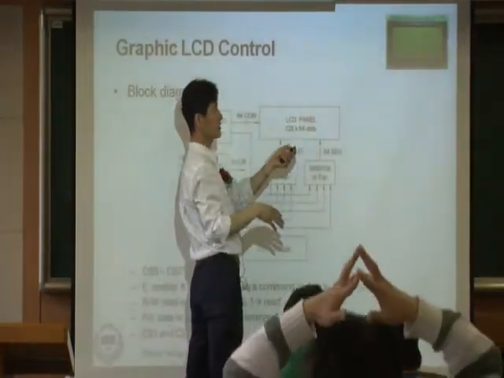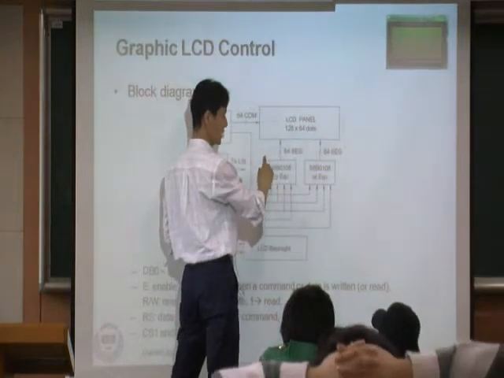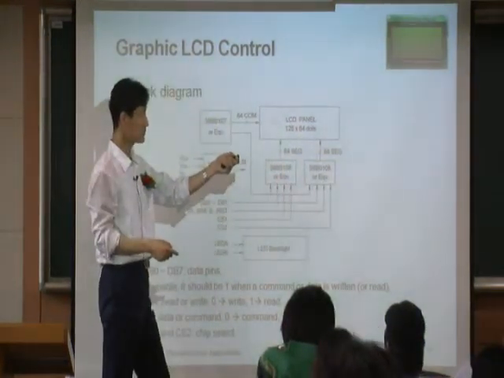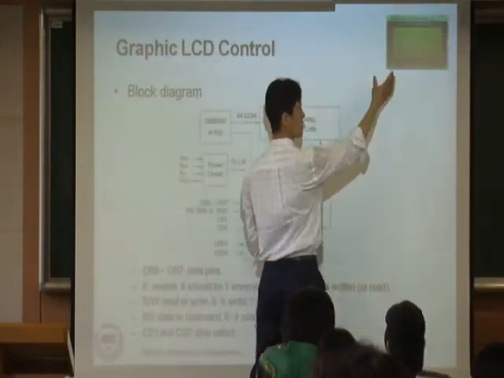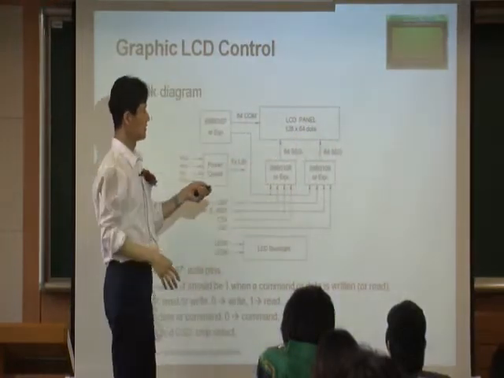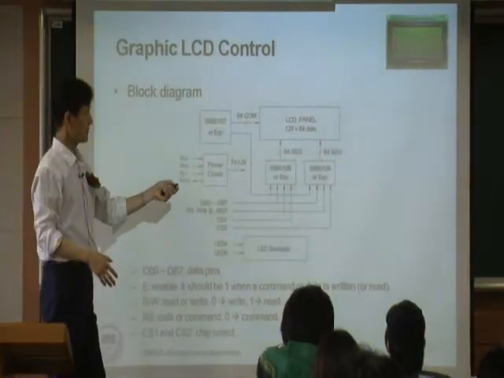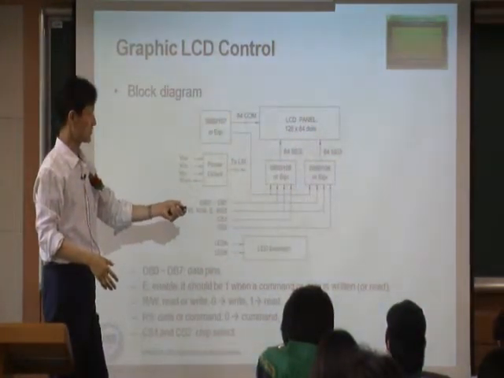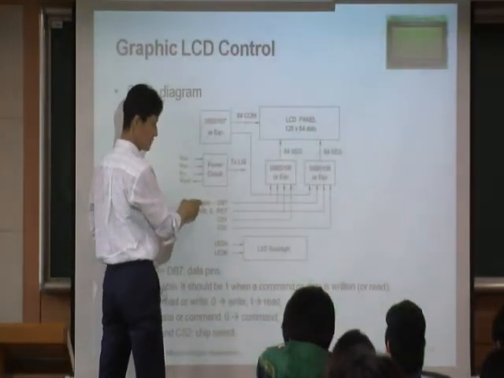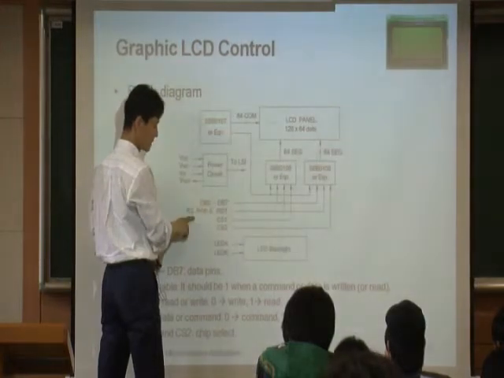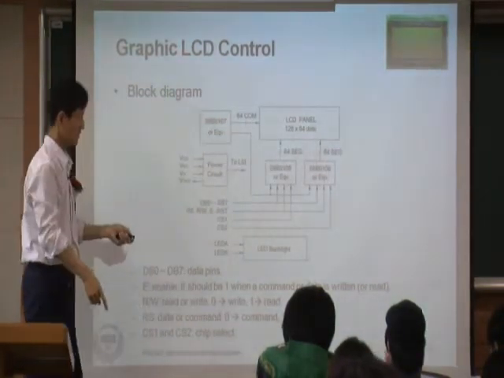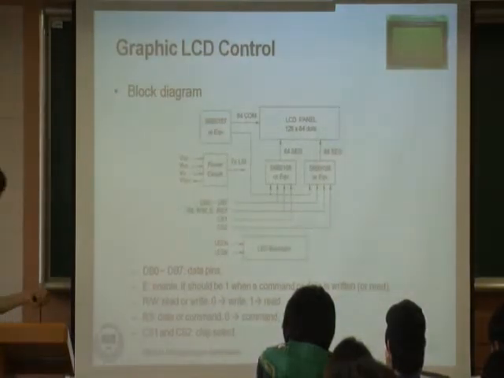To display a certain graphic here, you definitely have to have a memory. You need a memory for the left half and the right half. So for each, you have a memory like this, and you have a driver for each of them. And right here, of course, you get 8 bits for data. You have some reset and chip select pins, things like this.